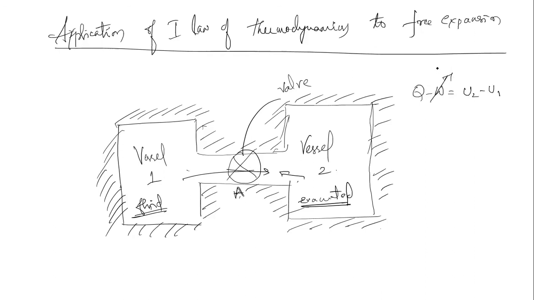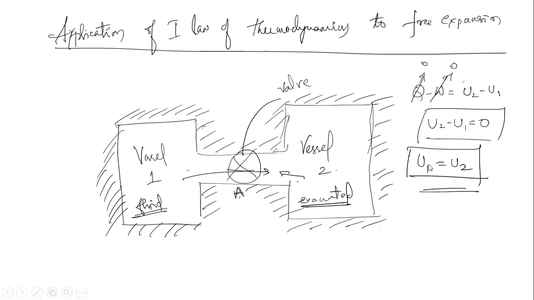No, there is no work done because vessel 2 does not offer any kind of resistance, and it is also insulated or adiabatic, therefore Q is zero. Therefore, change in internal energy is zero, or else U1 is equal to U2. Internal energy remains constant. In an isolated system also, it is constant, and in free expansion also internal energy remains constant.